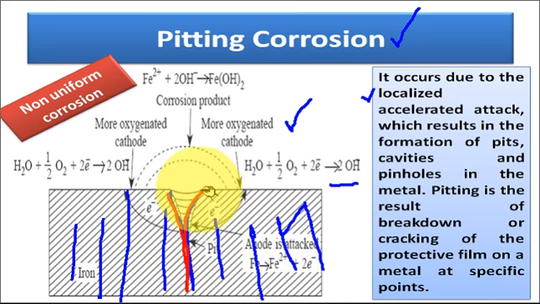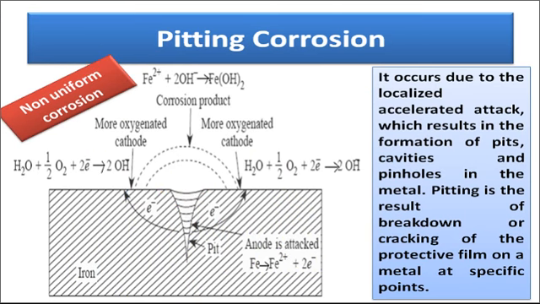Due to the localized attack, pit formation takes place only at some places. That's why it is called non-uniform corrosion. That means the complete metal surface does not undergo corrosion. Only at some areas, due to the localized attack, pit formation takes place. That is why it is called pitting corrosion or localized corrosion.